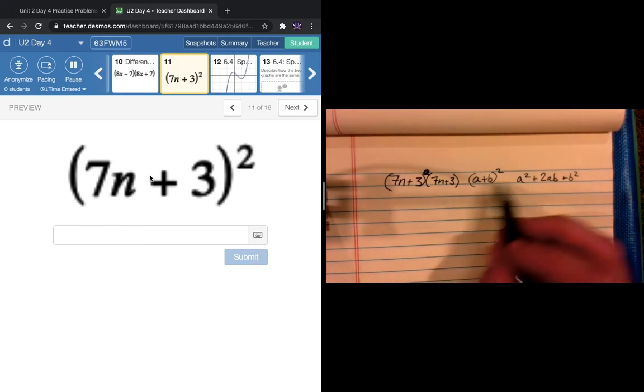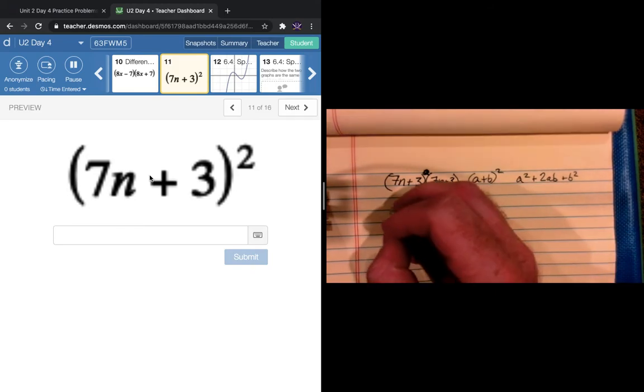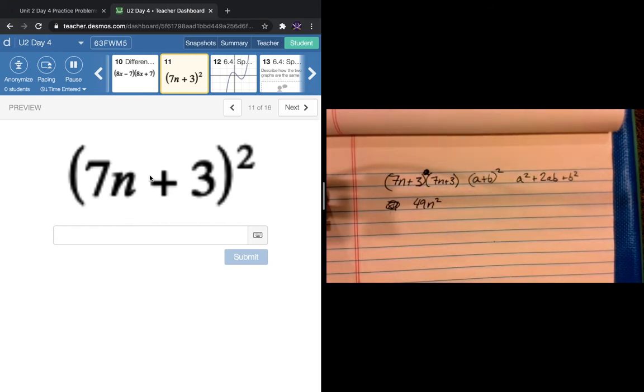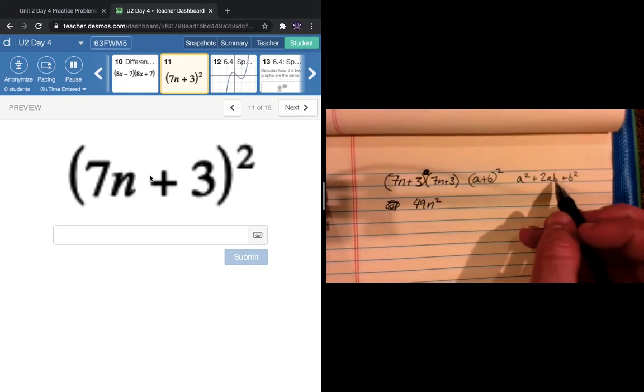So the a is 7n. Square it, and it's 49n squared. By the way, see these scribbles? I'm only using pen because it's easier to see on the paper. I expect you to use pencil because it's more forgiving. Now I'm taking 2 times a times b.